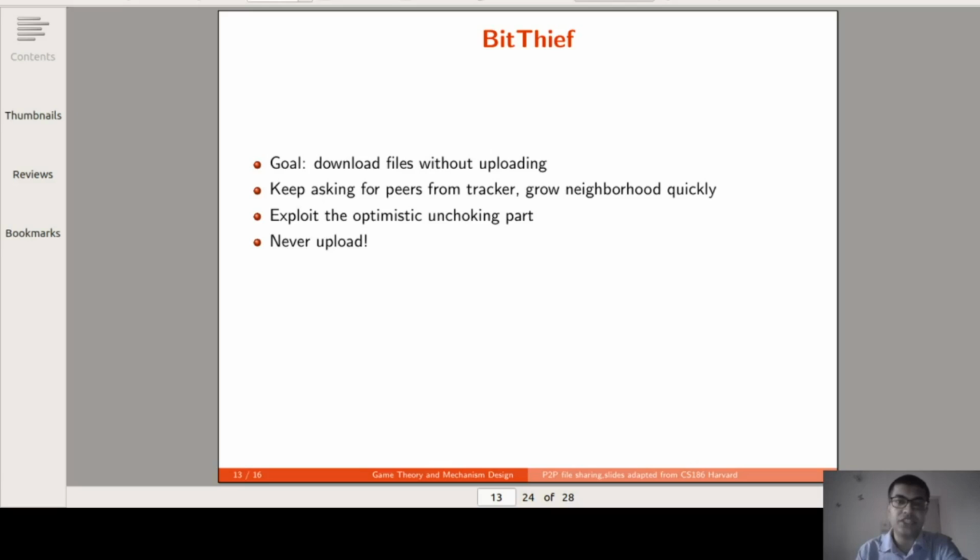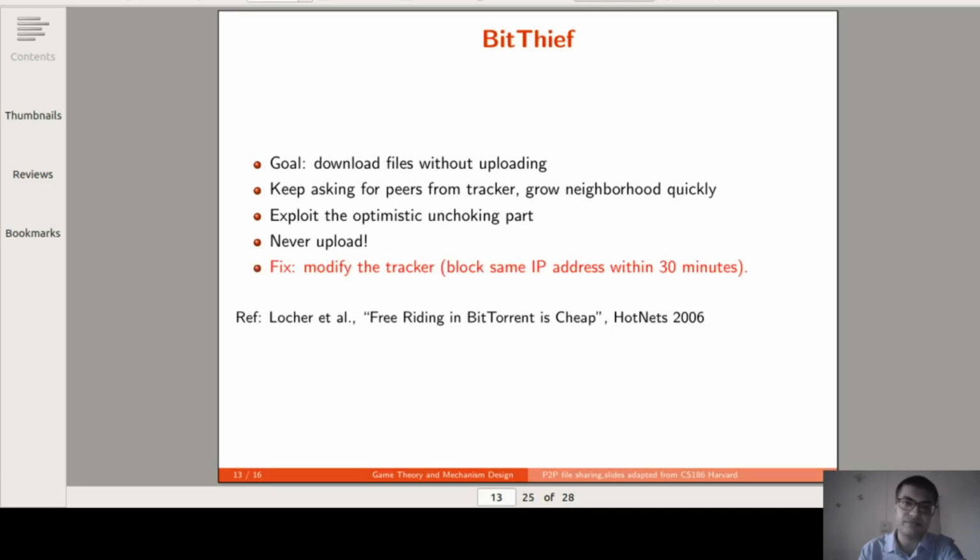It keeps asking the trackers for new peers, and it will quickly grow its neighborhood and exploit optimistic unchoking, because if you have lots of peers around you, the probability that you will get your file just by optimistic unchoking is very large, and therefore you do not need to upload anything.